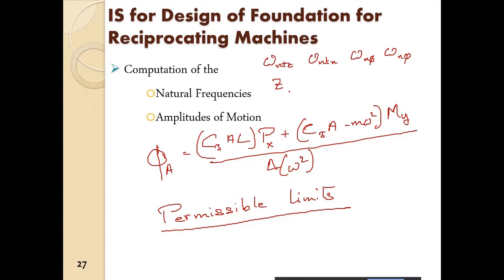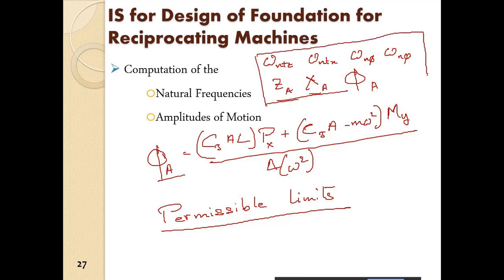So Z amplitude, XA. XA in this coupled motion will definitely be more, so we can consider that one. And then the maximum angular rotation about either y-axis or x-axis. So these 6 parameters have to be within the permissible limits.